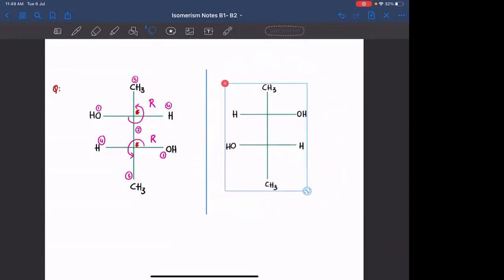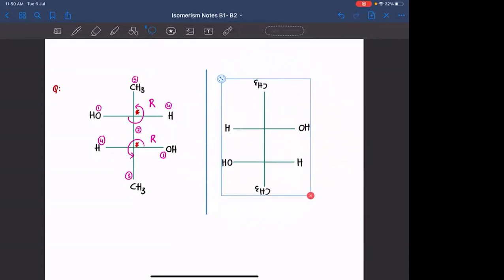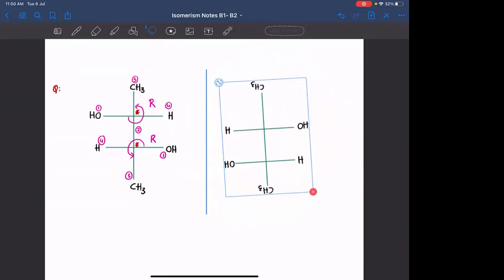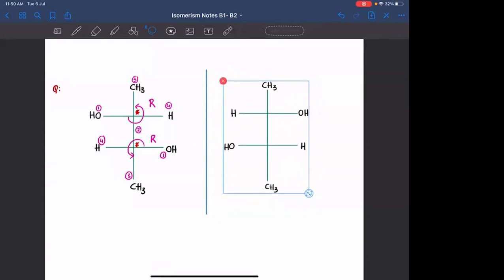समझ में आया? What is meant by axis of symmetry? If you are rotating it by 180 degrees about an axis, you will be seeing the same molecule. देखो वही है फिर से. There is no difference. I hope this is clear. Any doubt, anyone? Okay. So every chiral molecule inherently possesses an axis of symmetry.